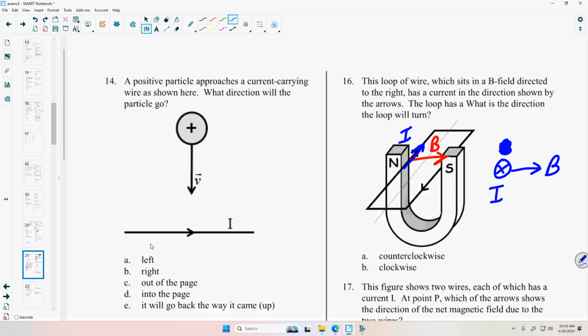That's this left-hand side of the figure. Current into the page, magnetic field to the right. That means that this part of the wire will feel a downward force. This part of the wire will feel an upward force. Down on the left, up on the right, that means it's going to move counterclockwise. This loop of wire sitting in a magnetic field will move counterclockwise when you put a current through it in the direction shown.